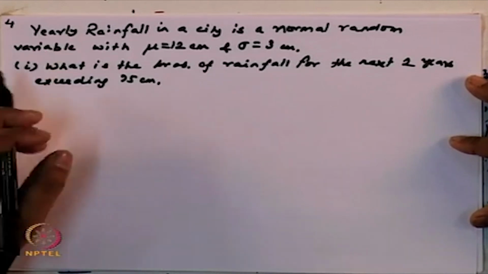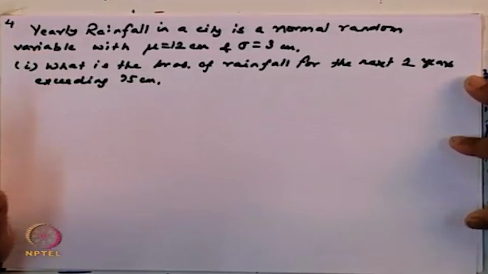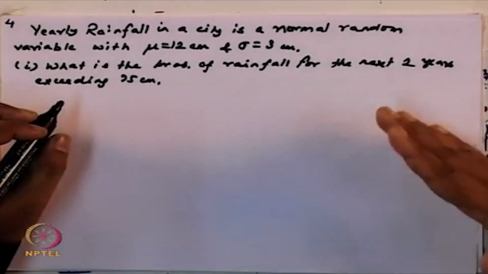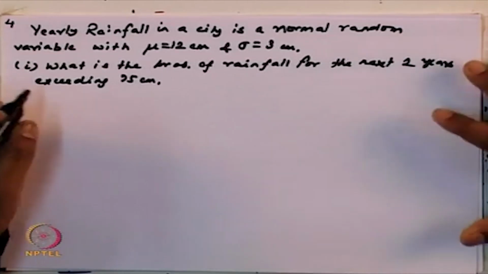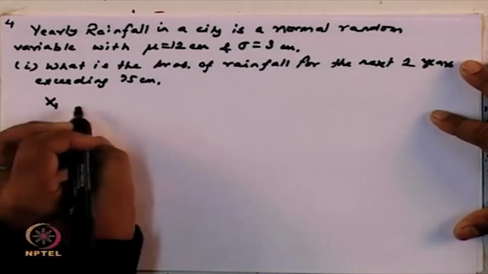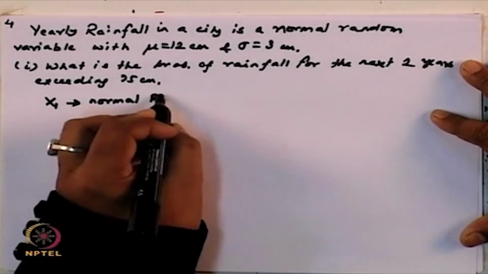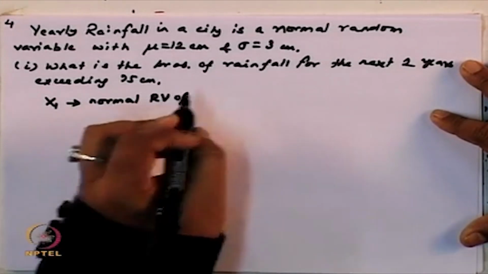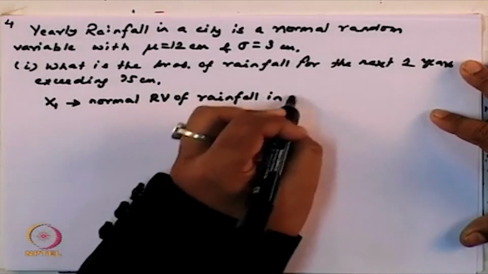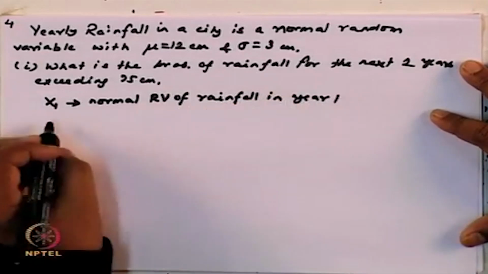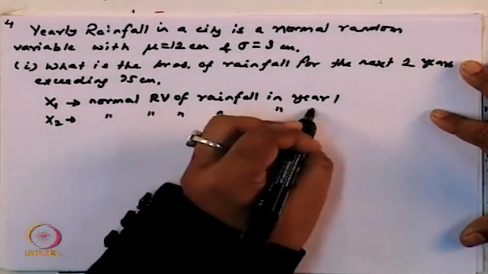What you see here is that since the rainfall in a given year is a normal random variable and there is no correlation between the rainfall in a given year and the next year, you can assume that the rainfall in each year is a normal variable and these variables are independent of each other. So I can write x1 is the normal random variable of rainfall in year 1 and x2 is similarly the normal random variable of rainfall in year 2.